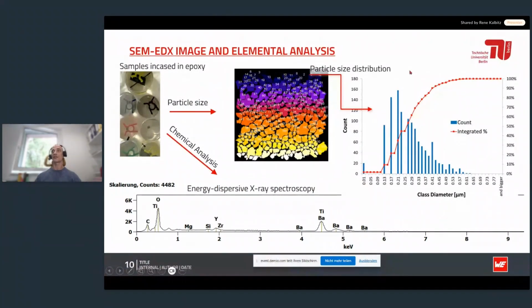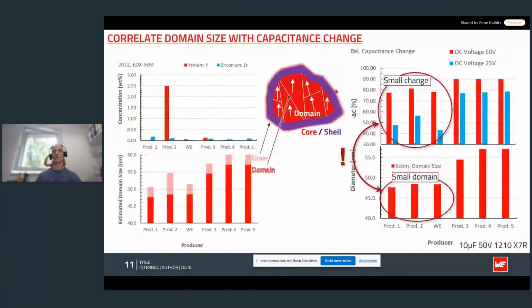The picture and graphs shown here are just examples to give you a rough impression of what we actually did. We were especially interested in the analysis of additives like yttrium, zirconium, magnesium, since those have an effect on the formation of domains and consequently on ferroelectricity.